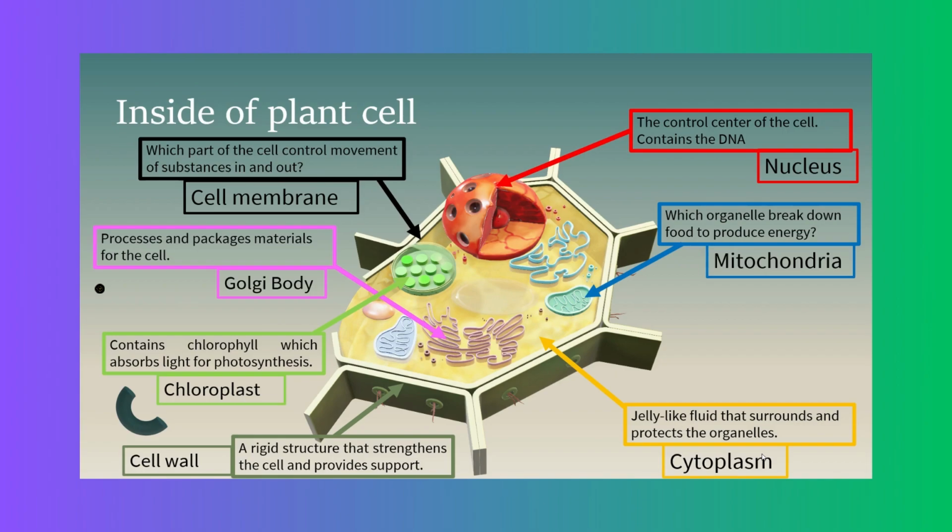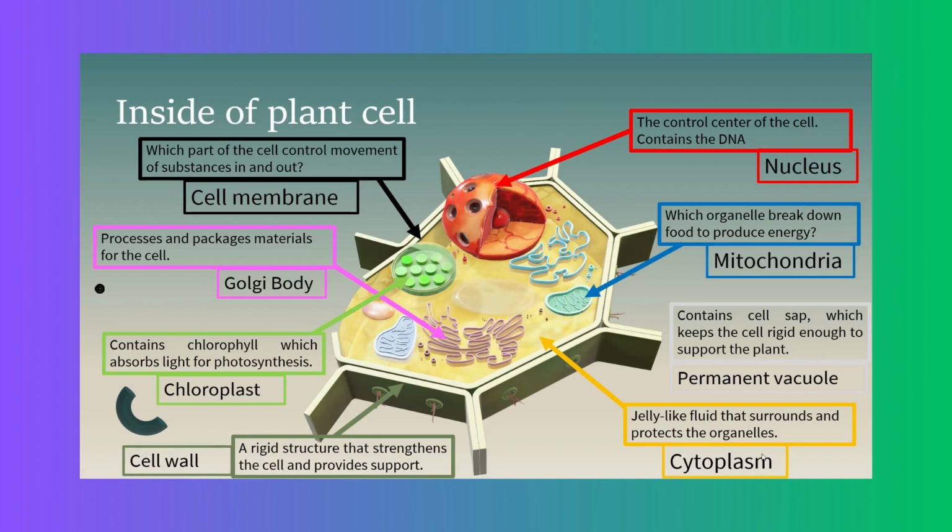It's really important here that you realize the difference between chloroplast and chlorophyll, because chloroplast is a cell organelle and chlorophyll is a green pigment. So remember that. Next one, permanent vacuole. It's similar to the one you can find in an animal cell, but it's not the same thing.